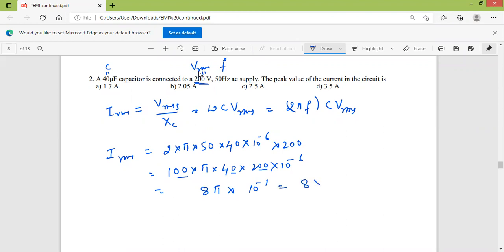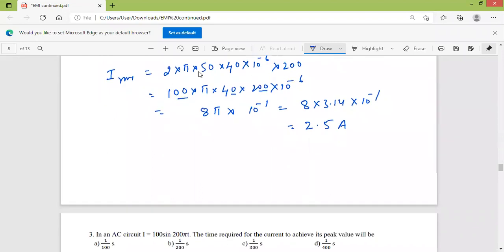So 8 into 3.14 into 10 to the power of minus 1 is around 25 divided by 10, which is 2.5. IRMS is equal to 2.5 ampere. Now we can calculate the peak value.